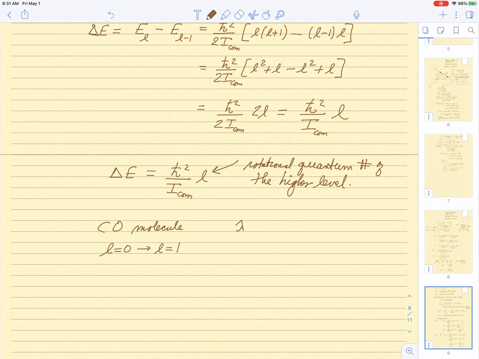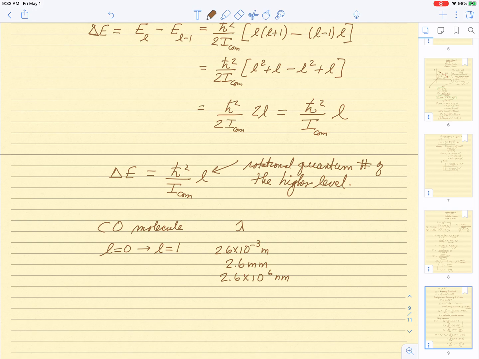And so the wavelength that's required for that is 2.6 times 10 to the negative 3 meters, which is actually 2.6 millimeters, which is 2.6 times 10 to the 6 nanometers, okay?